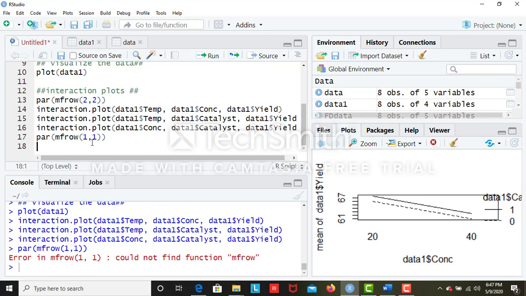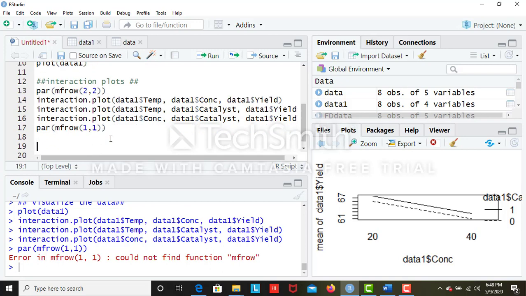So the next thing we're going to consider is, now that we have this knowledge of interaction among pairs of the factors, we now proceed to... Before we proceed, we have alternative ways of plotting this interaction plot.